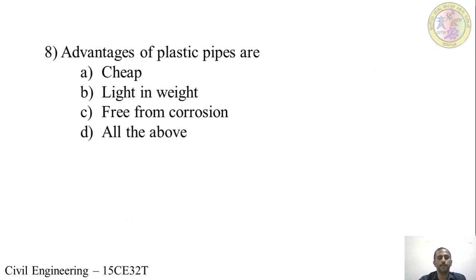Question number 8. Advantages of plastic pipes are A. Cheap, B. Light in weight, C. Free from corrosion, D. All the above. The answer is D. All the above. Plastic pipes are cheap, light in weight and free from corrosion.